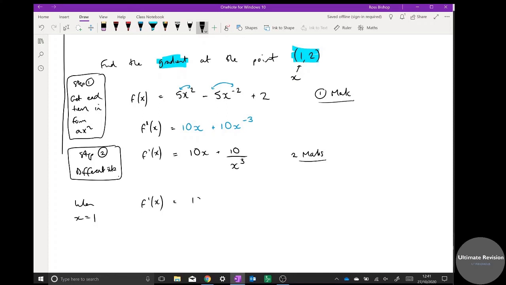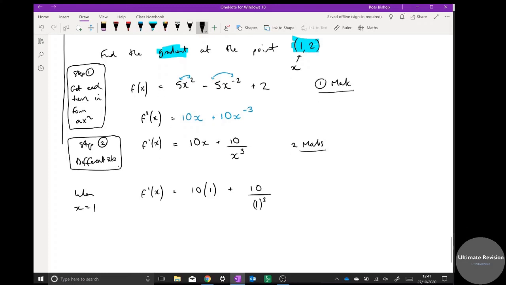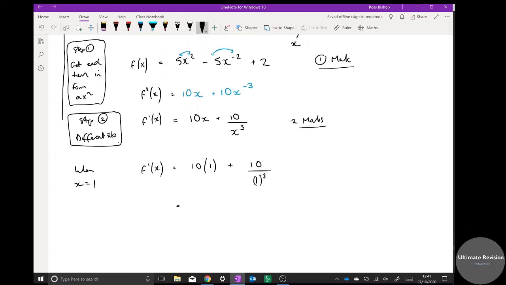So it's 10 times 1, plus 10, sorry, over 1 cubed, which is going to equal 10 plus 10, so the gradient will be 20, and that is the mark. I'll get an extra mark there, so that's my final mark, which would bring it to 4 marks in total.